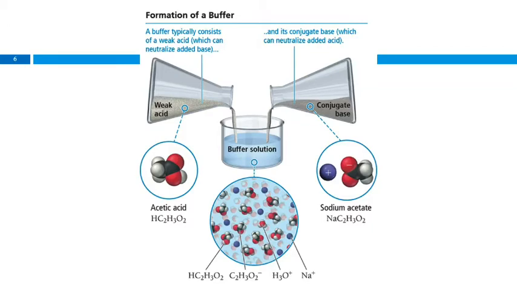So when we mix those together in the buffer solution, we have significant amounts of the weak acid intact, the acetic acid, and the anion, the conjugate base, the acetate ion. We also have hydronium ions and sodium ions. And so if you add sodium hydroxide to this, the acid will neutralize it.